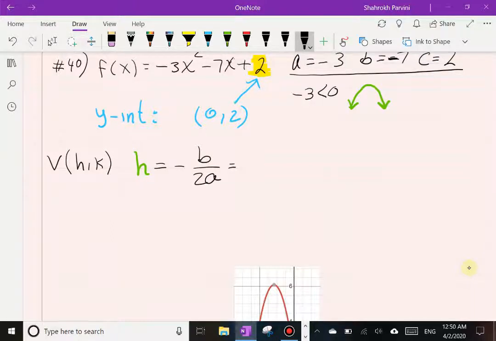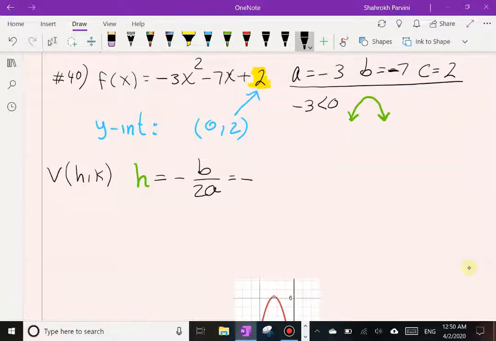So I'm just going to write the negative of -7 divided by twice a, which is -3. A lot of negatives in this one. Negative by negative is positive, and so the answer is going to be negative. Now 7/6, right? That's going to be -7/6, which is an improper fraction, or I can write it as -1 and 1/6, so I know how to go to my rectangular coordinate system, and I choose my grid according to that.